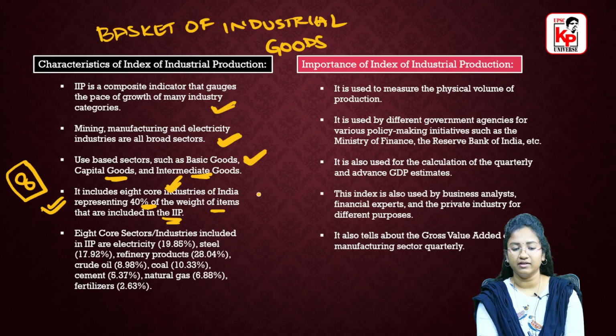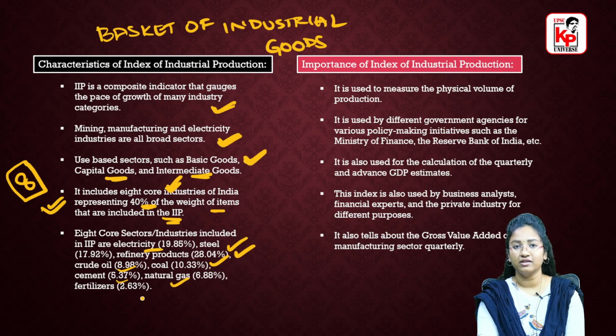You have to remember the 8 industries for sure, not only the highest and the least one. You have to remember the entire list of 8 sectors, and also the weightage of these 8 sectors. The 8 core industries are electricity, steel, refinery products, crude oil, coal, cement, natural gas and fertilizers.